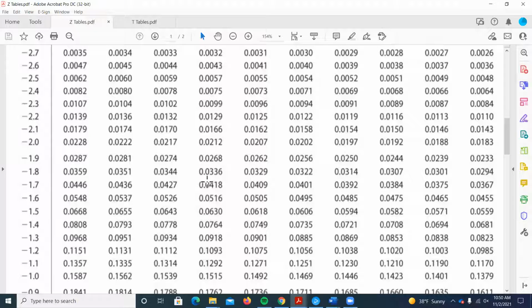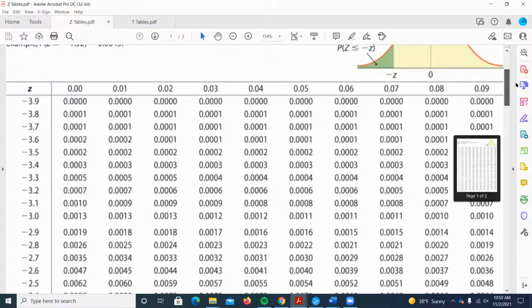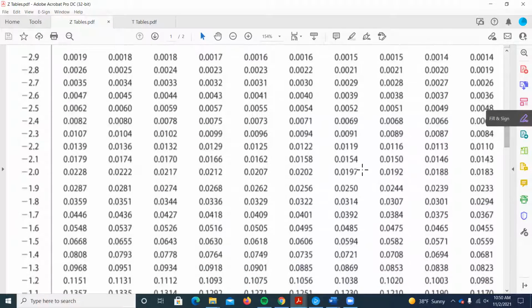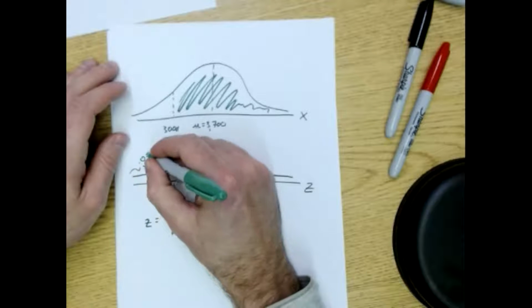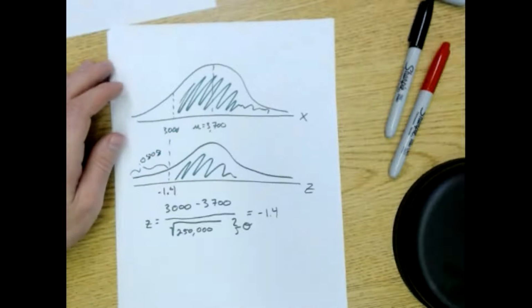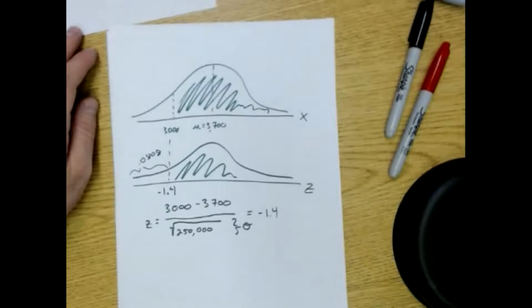Okay. So I'm going to look up that value of negative 1.4. Negative 1.40. So that first column, if we go up here, is 0.00. So negative 1.4 would be negative 1.40. The area to the left of that is 0.0808. Okay. So I just found that this area to the left, because the table always gives us the area to the left of our Z value, is 0.0808.